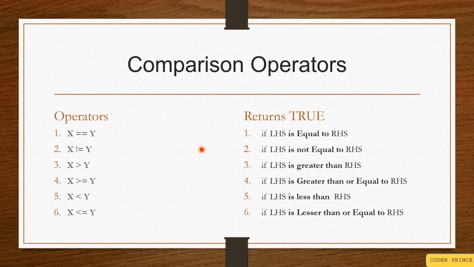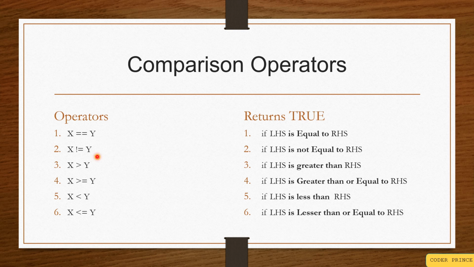Comparison operators. Here you have a bunch of operators that you can use to get the Boolean type. Whenever you check for equality, the LHS is compared with the RHS, and if both are equal, then you get the value true, else it will return false, and the same holds for the other operators.